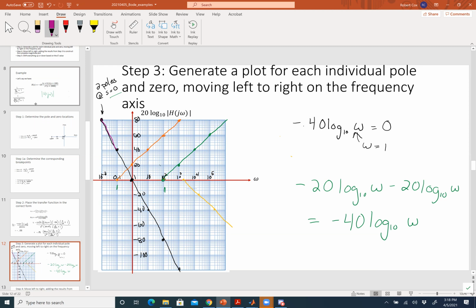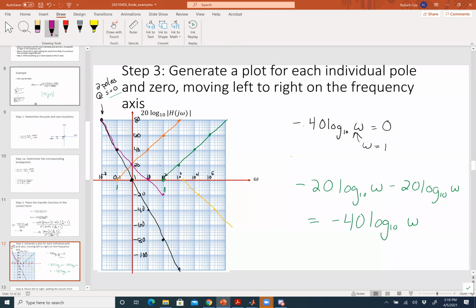So then I'm going to hit 20 dB there, 0 dB at 10, and negative 20 dB at 100. So let's draw that slowly, like that. You guys follow me? My line's not particularly straight, but you get it.